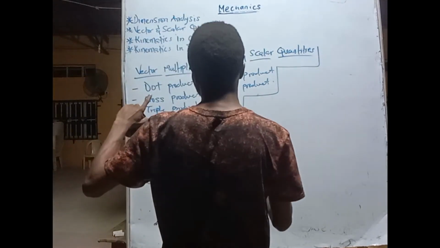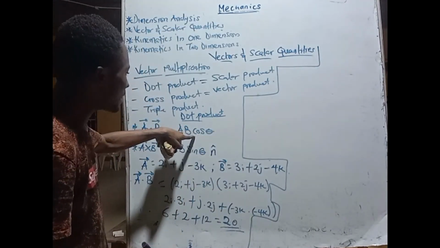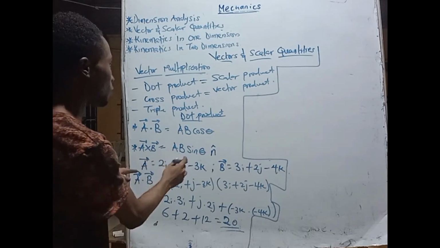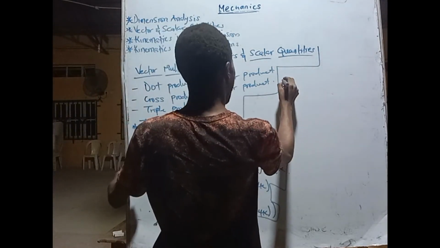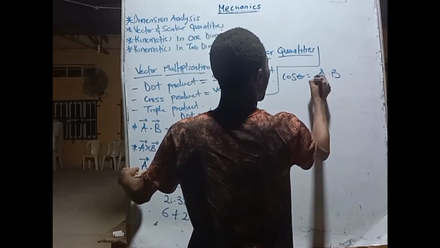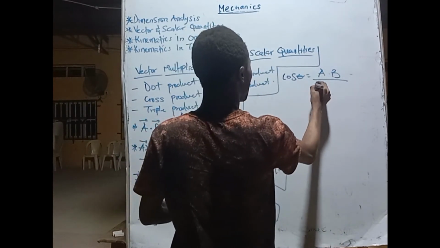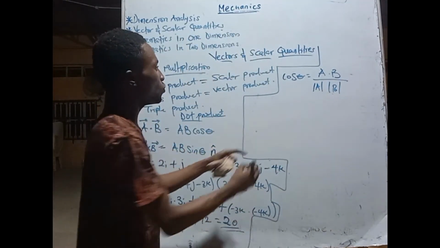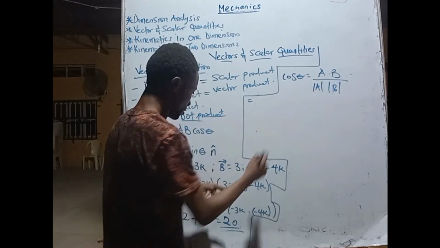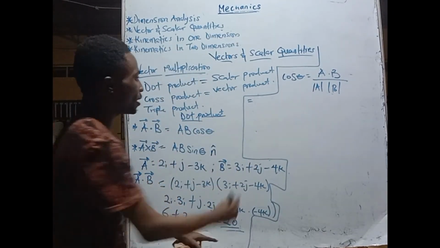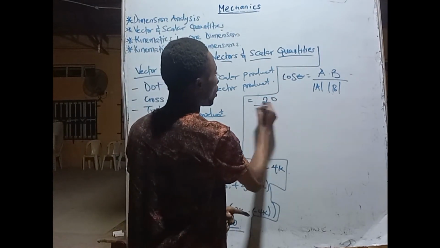Alright, so to get cos theta of this question, we have cos theta equals A dot B all over magnitude of A times magnitude of B. We've gotten our A dot B to be 20, so that's 20 all over.